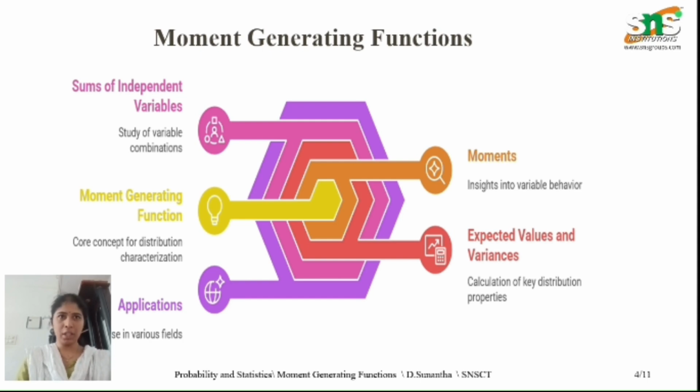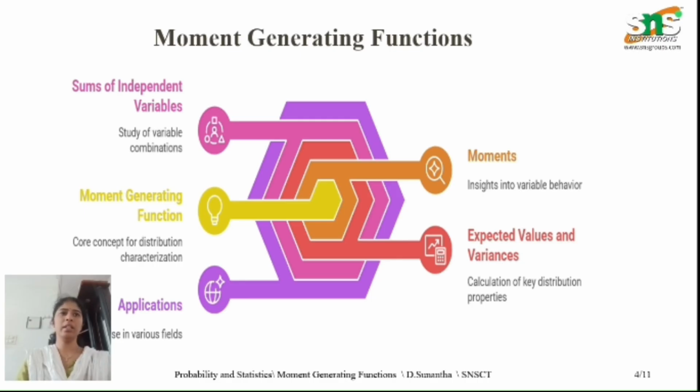After obtaining the MGF, differentiating it once gives the expected value. Next, differentiating it twice helps us get the second moment. Therefore, instead of calculating each moment separately, the MGF provides a systematic approach. This makes the moment generating function very useful in probability distributions such as binomial, Poisson and normal.